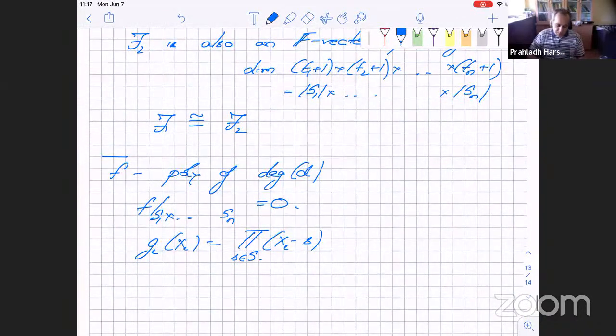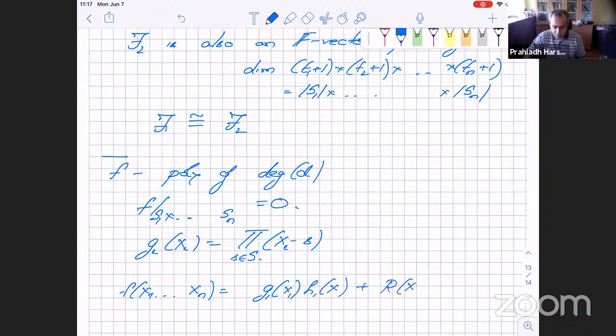We're going to do a very simple thing. Think of f of x1 to xn just as a polynomial in x1 now, and let's just do division by g1. So I can write this as g1 of x1 times some h1 plus some remainder polynomial.